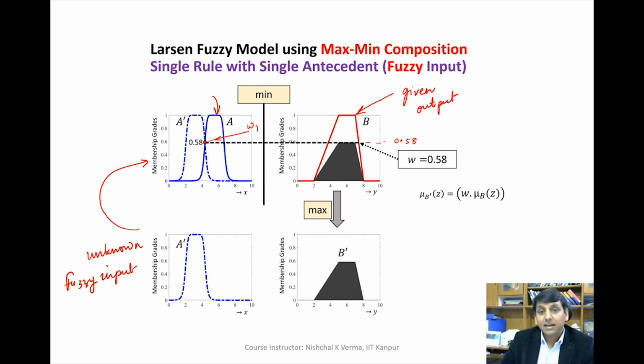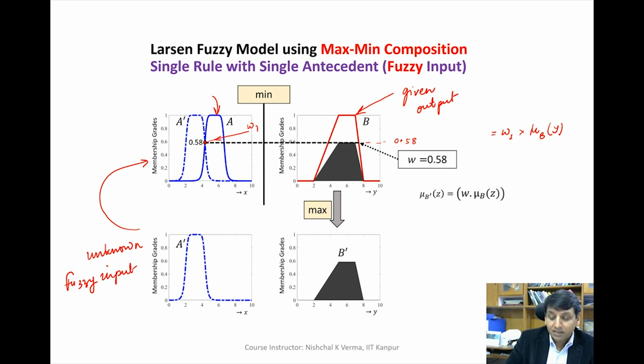How do we get that? Correspondingly, all the other points, all the other edges have to be scaled down. So how do we get this? As I have already mentioned, we take this weight, here we have W1, and we multiply this with mu B y.